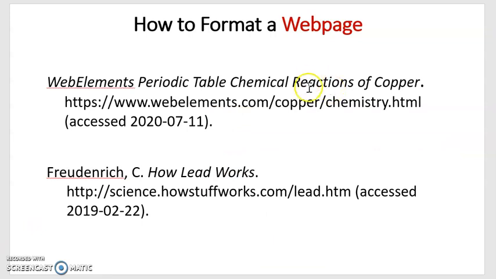To format a web page, this can be tricky because some web pages have authors, some web pages have a corporate or an organizational author, some don't really have an author, and that is kind of this first example. It's a .com web page like a periodic table. So it's called Web Elements Periodic Table Chemical Reactions of Copper.